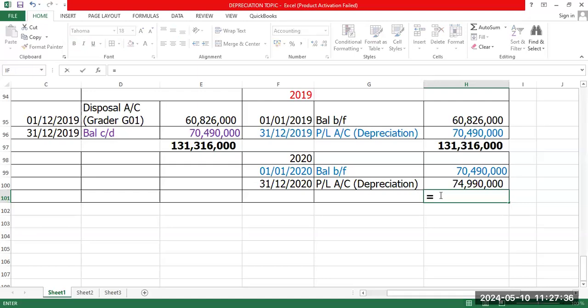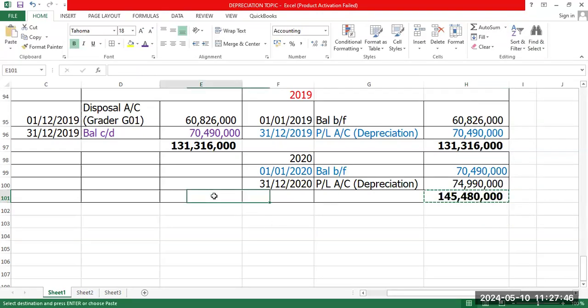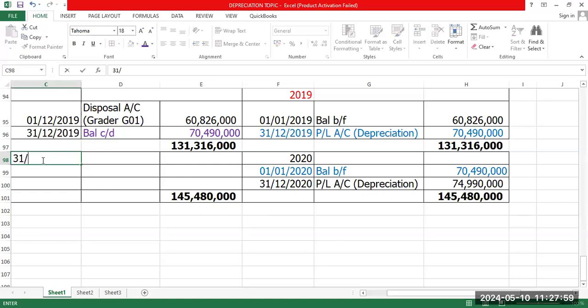Balance off your sides and get the total. The higher total is this, I put it here. Then I'm going to record this as 31st December 2020.